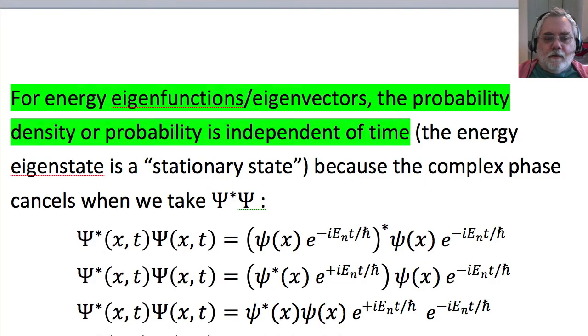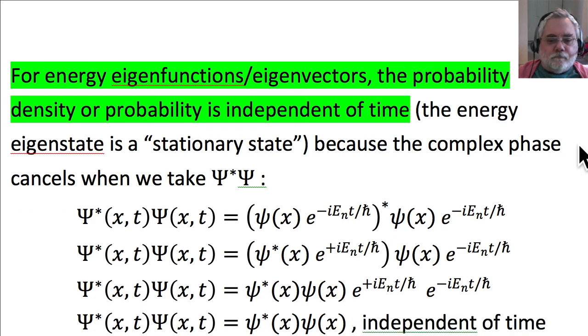For energy eigenfunctions, eigenvectors, the probability density is independent of time. The energy eigenstate is a stationary state because the complex phase cancels when we take psi star psi. Let's see that. Psi star psi. So we need to take the complex conjugate of psi, and this is psi times psi.